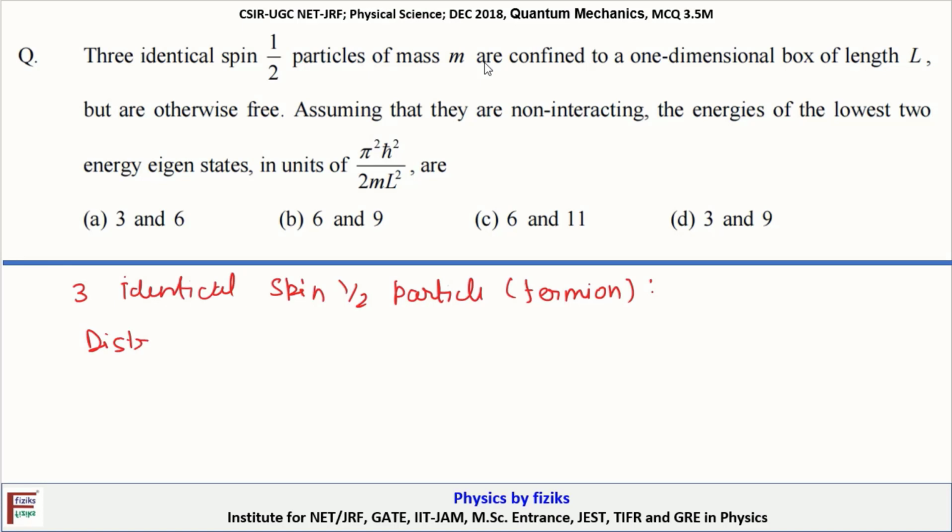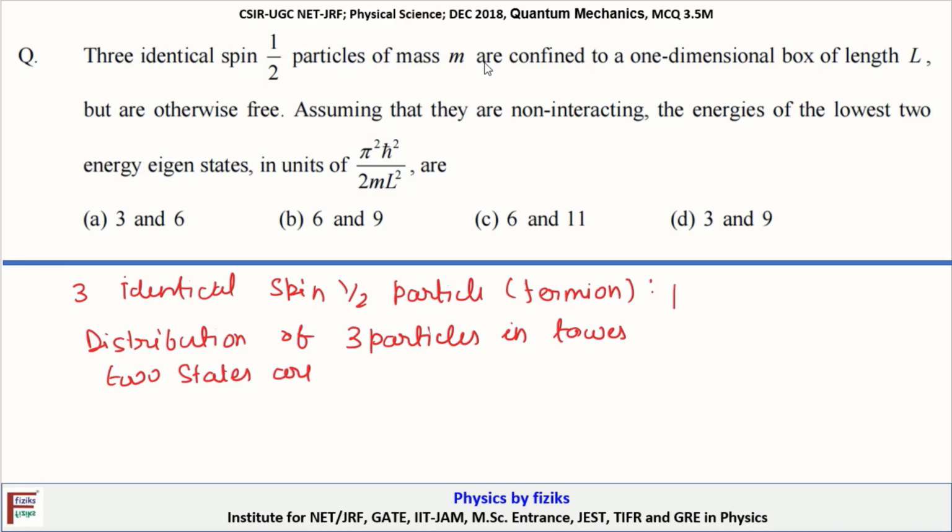Distribution of the three particles in the lowest two states: let this be n equals 0, this n equals 1, n equals 0, this n equals 1.